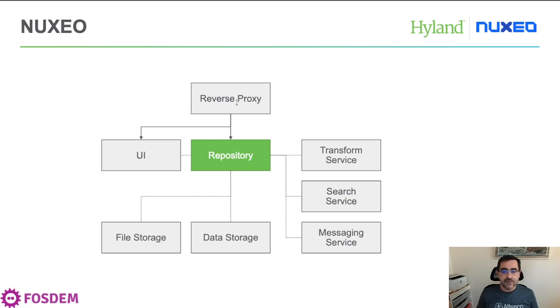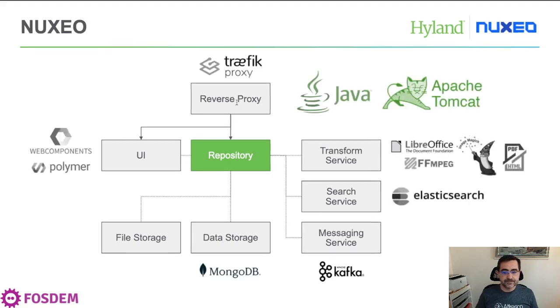Note that in a typical deployment, a web reverse proxy is used as a frontend to handle external requests to the different Nuxeo services. Following with the comparison, we note that Nuxeo also relies on many different open source products. The repository, also mainly built in Java, is deployed in Apache Tomcat.